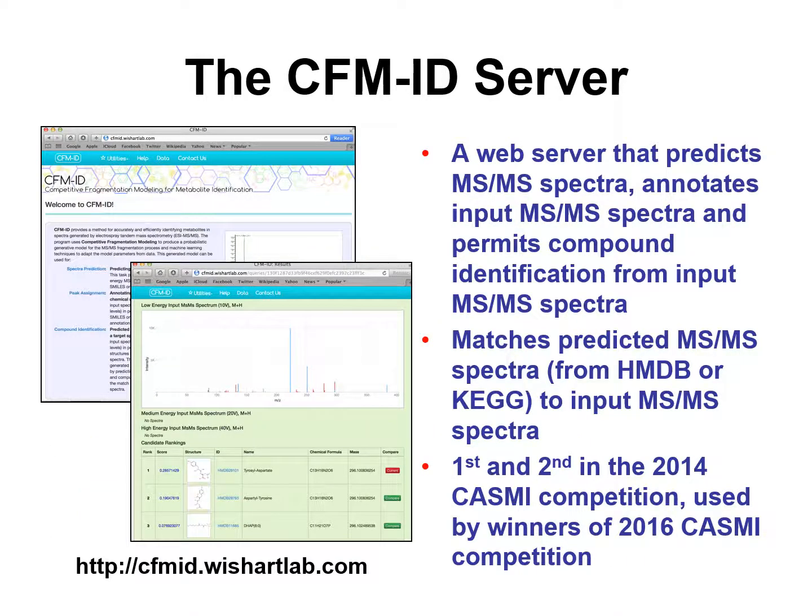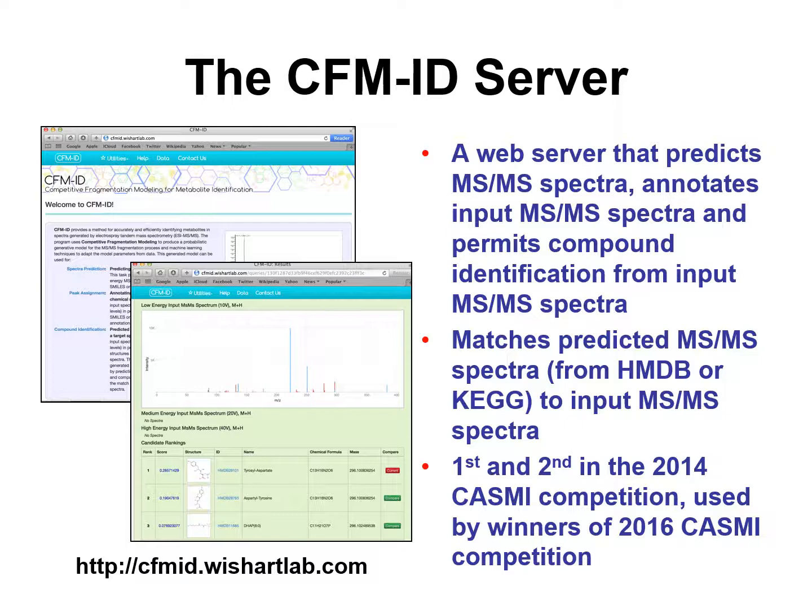Now, CFMID is available as a server, and it does several things. It can take a compound and predict the tandem MS spectra. It can also take experimentally collected MS spectra and annotate those peaks, identifying the individual fragments. And it can also take tandem MS spectra and identify a compound.